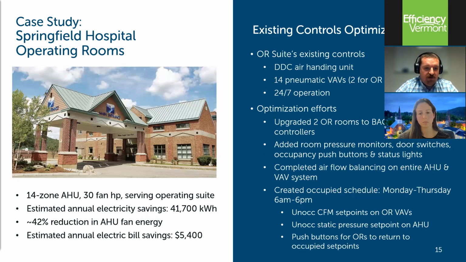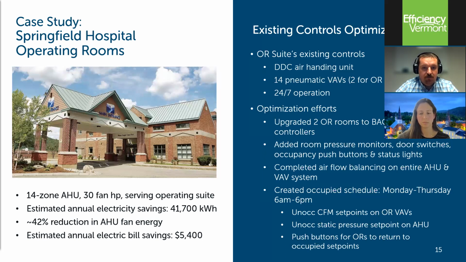Now, being an operating room, obviously we have emergencies come up, and when they had to do procedures, the staff was trained on how to get the system back into an occupied state. So there were the red and green LED lights that would indicate whether the room was occupied or unoccupied.